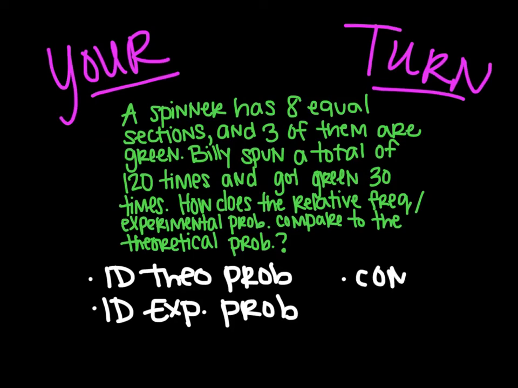And the way you compare is just what I did in my example, finding a common denominator, comparing what actually happened, how many more, how many less to reach your theoretical, what the relative frequency differences were, things like that. And you're going to write about that. We will be discussing them in class, so make sure you have complete sentences. You should have probably 2 or 3 sentences that are complete, comparing your data.